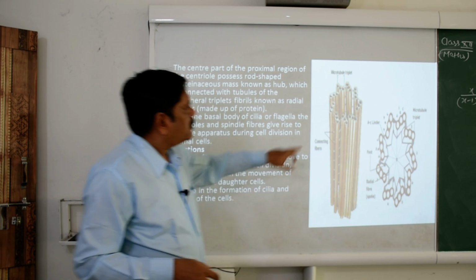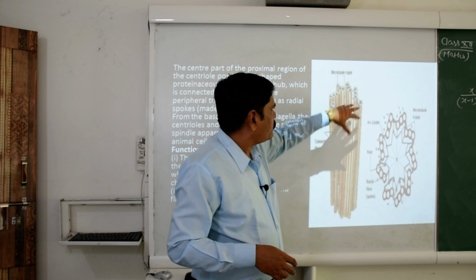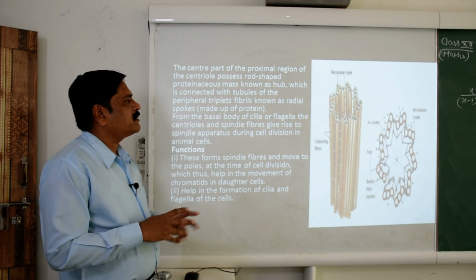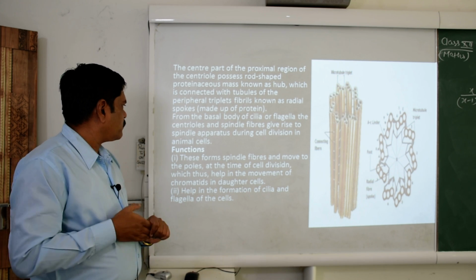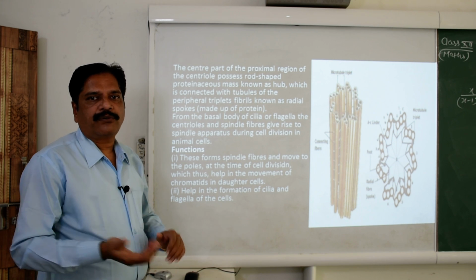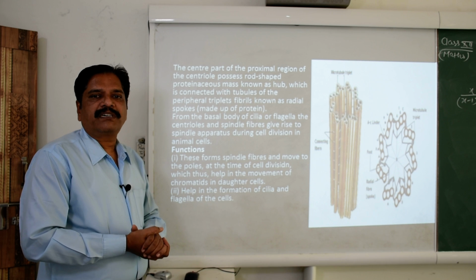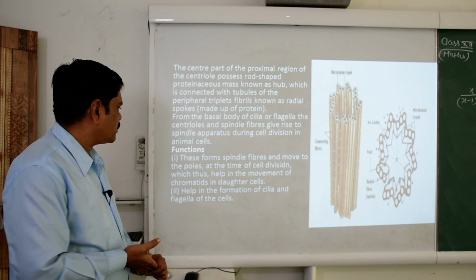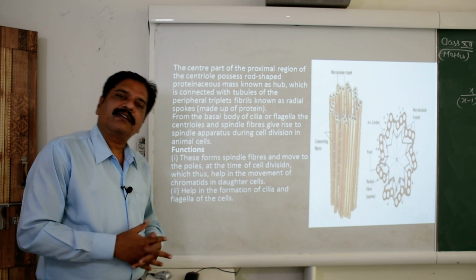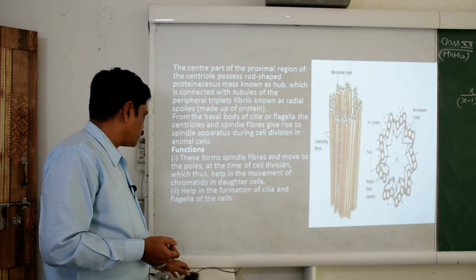Otherwise they give a hollow cylindrical structure, perpendicular to each other, which is supporting in nature. At the time of cell division they go in two opposite directions and produce spindle fibers, which separate the chromatids or chromosomes from each other. They are also present in cilia and flagella, which is helpful for their locomotion or movement.